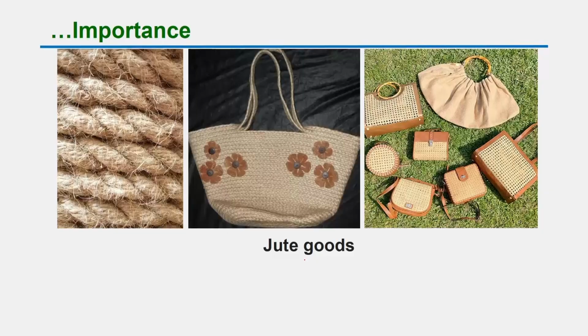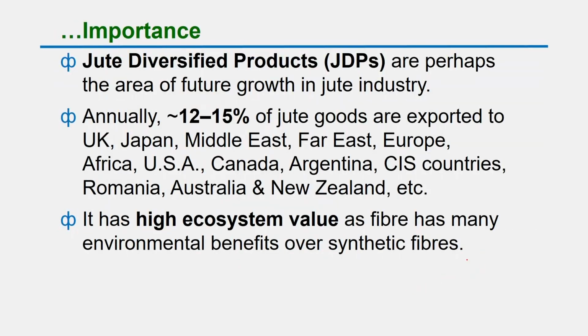You can make thicker rope, you can make thinner ropes also. And a large number of uses are there. You can make ropes, and goods are also there for making purses, a variety of uses you can see on the right side. Jute diversified products are perhaps the area of future growth in the jute industry.